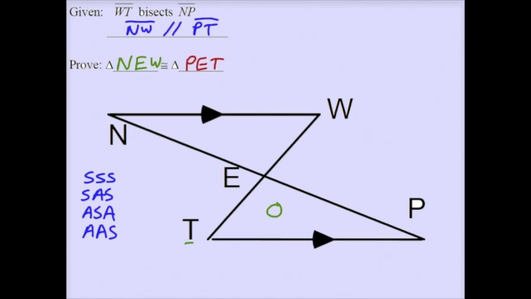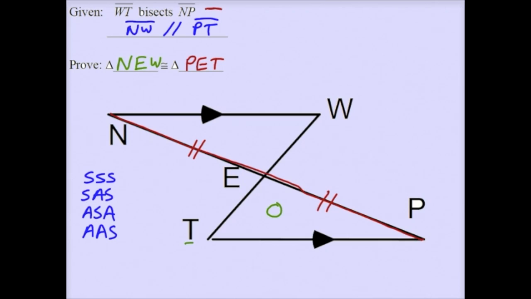Let's take a look at this given statement, the fact that WT bisects NP. So WT is doing the bisecting, but NP is being bisected. NP refers to this long segment, and we know that that segment is bisected, or in other words, it's cut into two equal parts, and WT is doing that cutting.